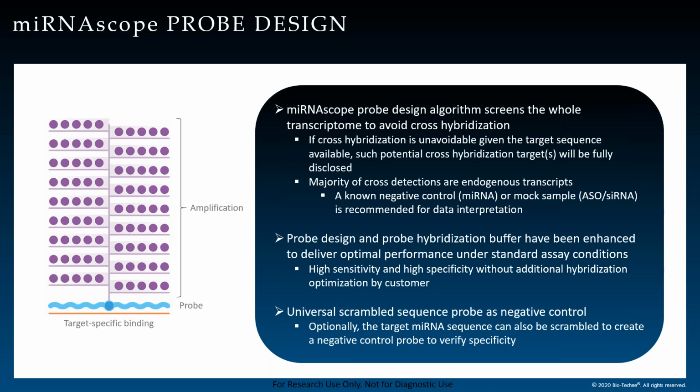Together with these conditions, the miRNAscope assay offers superior sensitivity and specificity without the need to further optimize the target probe hybridization conditions. For the miRNAscope assay, we also offer a universal scramble sequence probe as the negative control to evaluate specificity of the assay. Additionally, you could also request a specific scramble sequence to be designed against your small RNAs.